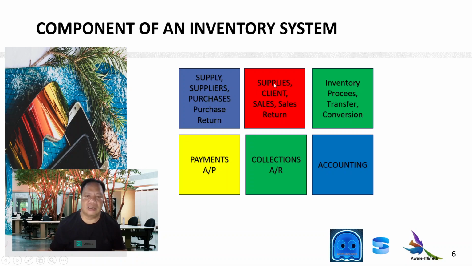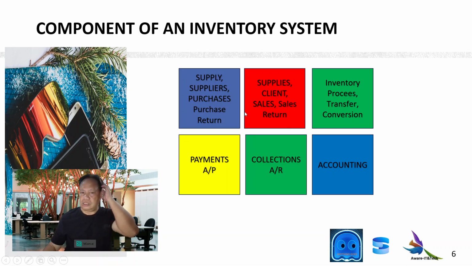And then you also use the same supplies table when you do the sales. And if you have inventory processes like beginning transaction, conversion, like you pack and unpack the inventory, it's used in these three modules.